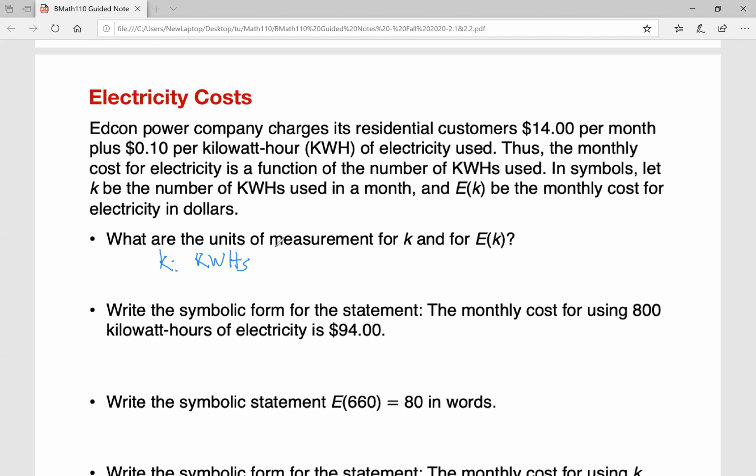So I'm going to say kilowatts, and maybe kilowatts per month is better. Yeah, per month.